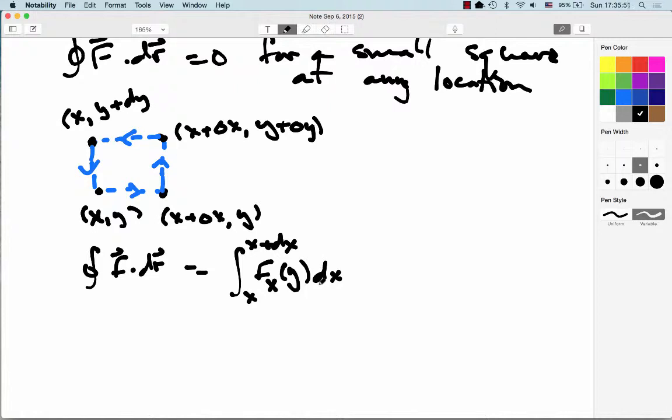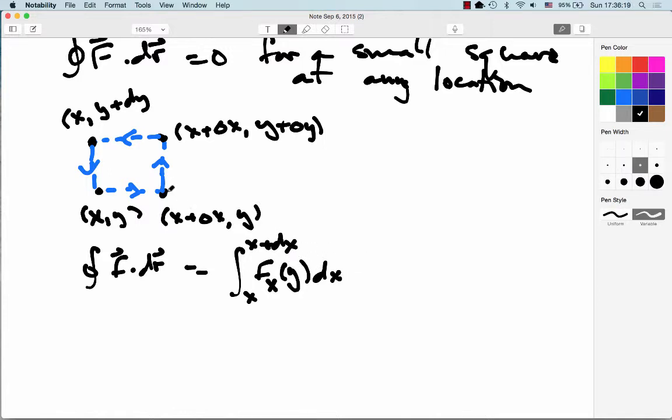So I'm looking at just the x component of the force, and I'm integrating it at some specific y, for some constant y value as I go from x to x plus delta x. So that's the first leg there. I've taken the dot product because here my displacement is purely in the plus dx direction, so f dot dx just becomes that much.